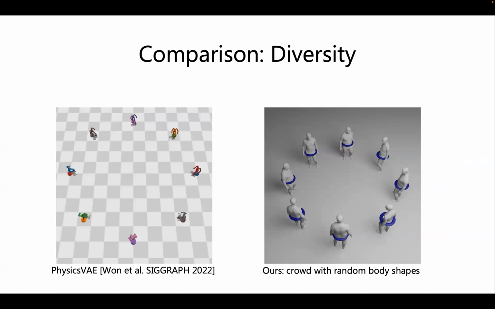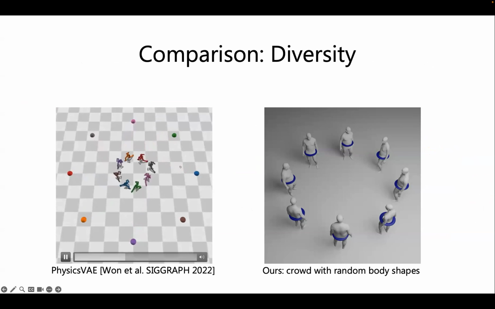I'm not going to show the quantitative evaluation here, but what I want to show is a very interesting comparison. As I mentioned, we produce this emergent multi-agent behavior, I would argue. This is a physics VAE work where they try to synthesize multiple agents to reach their target.